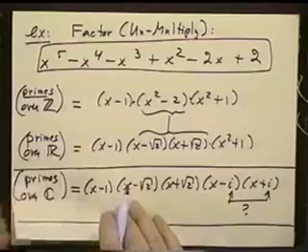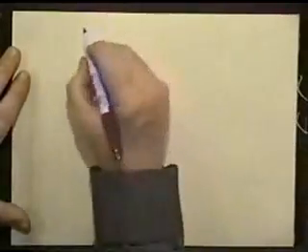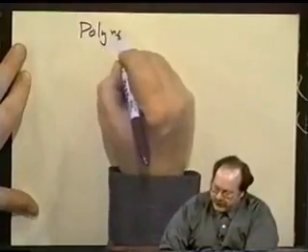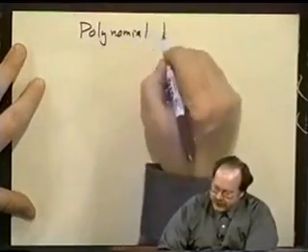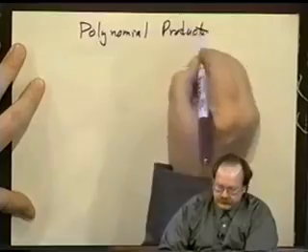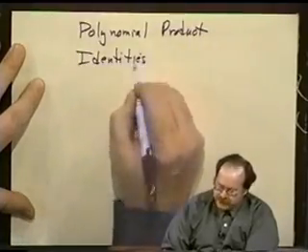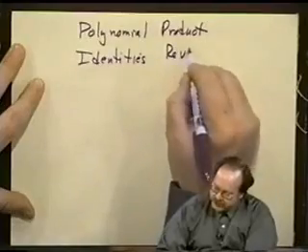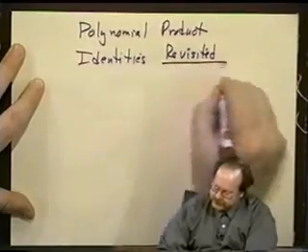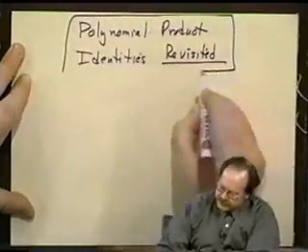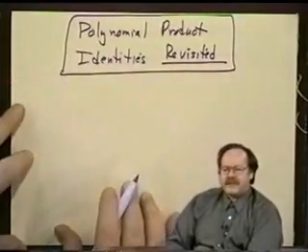Okay, well, now since we're looking at forms for factoring, let's go ahead and look at polynomial product identities. That's from the last bit. Identities, and we'll revisit them. So we'll call this revisited. Now I'm going to do a typical thing that's done in mathematics.